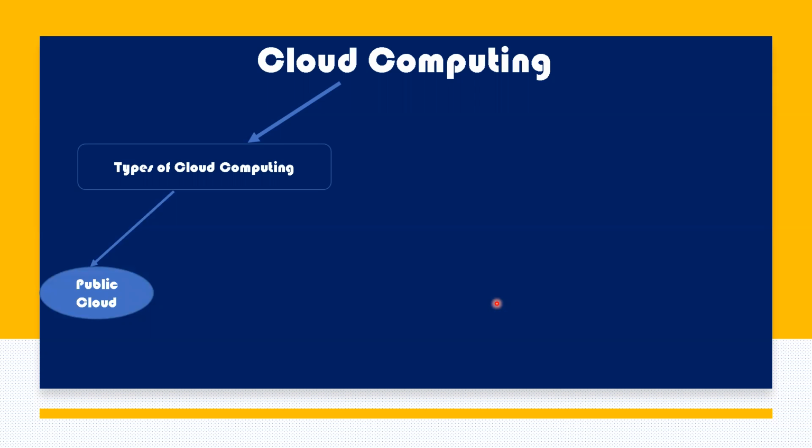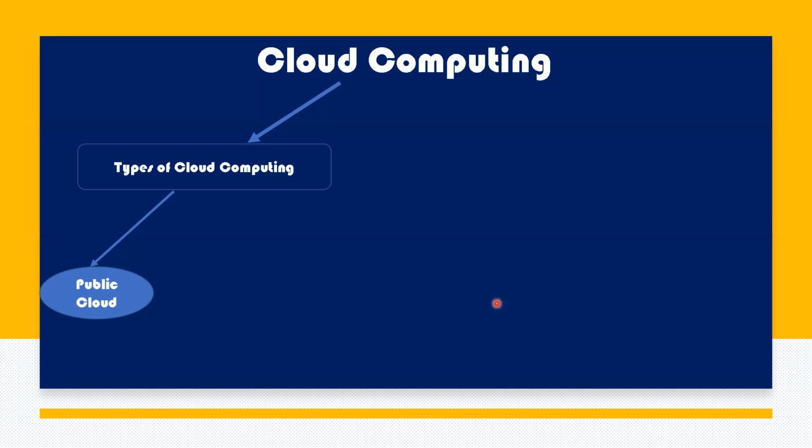What is the meaning of public cloud? Public cloud is nothing but, as the name says, public: it will be available or accessible to anyone. Anyone who wants to use the cloud features can get the public cloud.